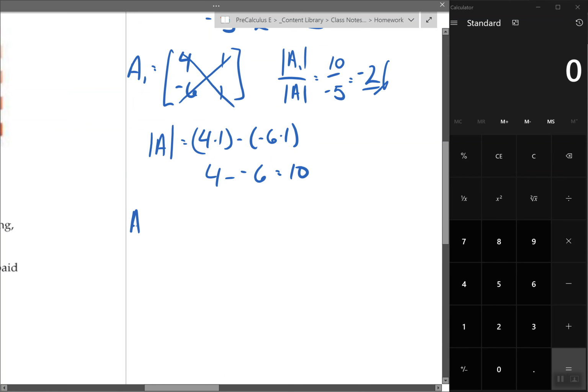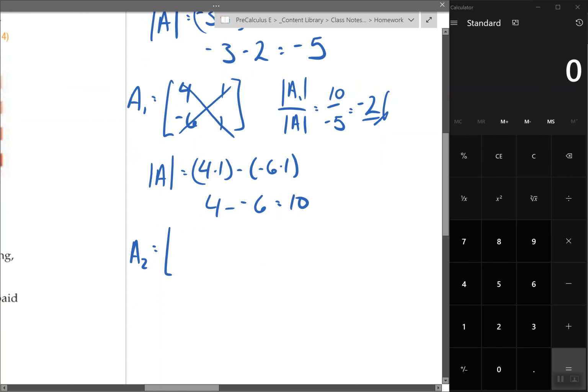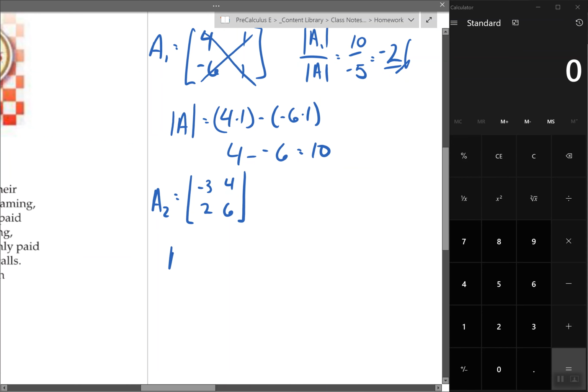And then for A2, we replace the second column. And we find the determinant of this.